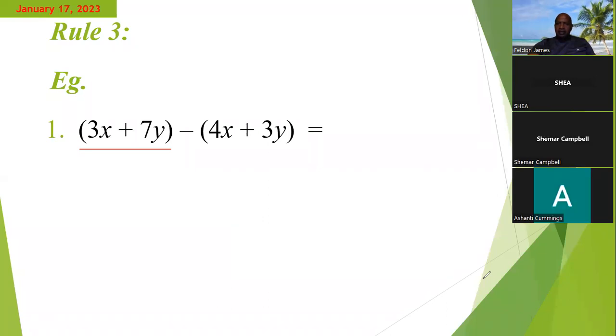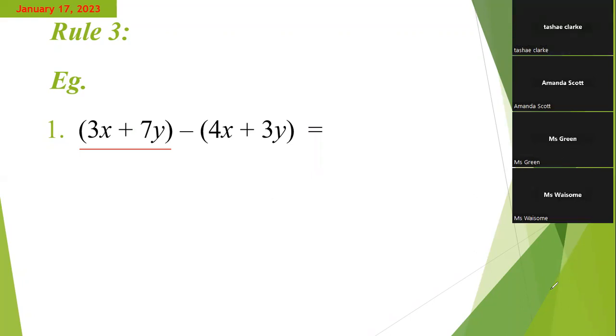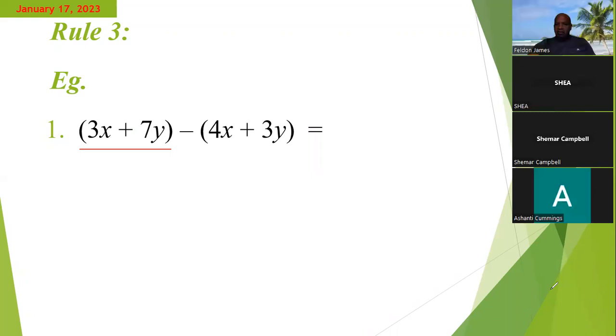Excuse me, sir. Hold on a second. You asked. Hold on a second, Mr. Campbell. Just hold on. All right. So let me ask Miss Green. How can we remove the brackets for the first expression?